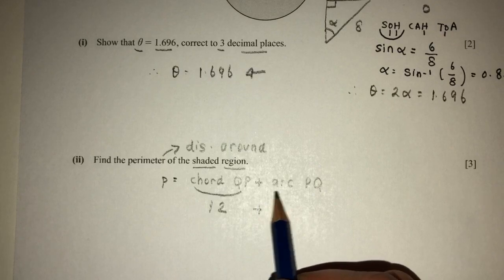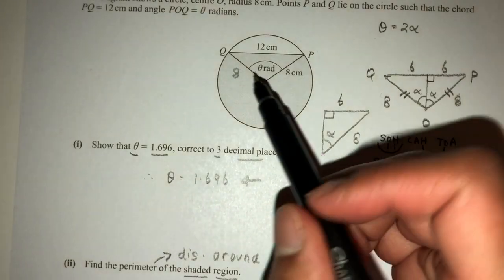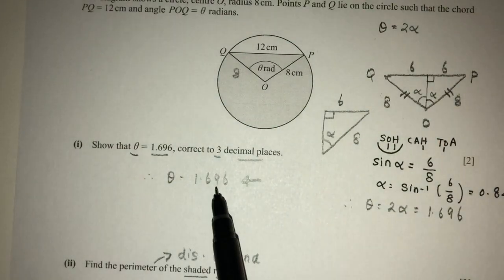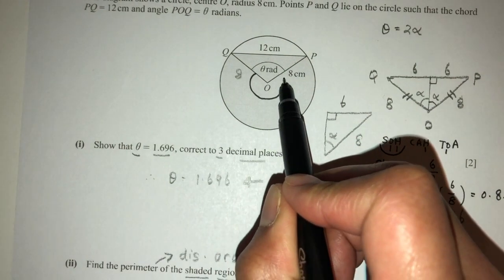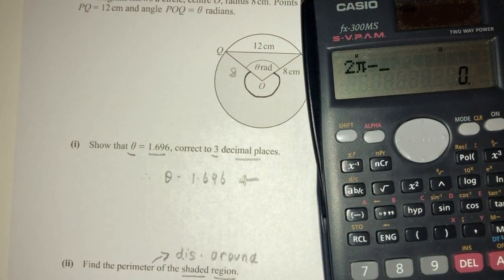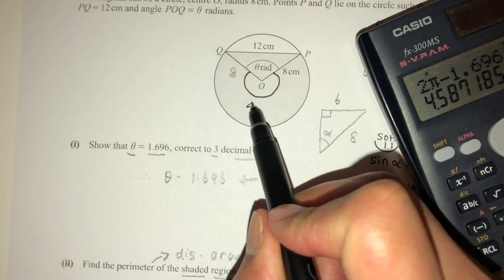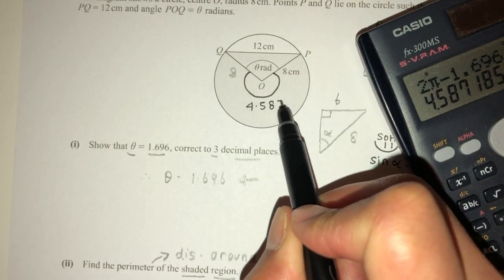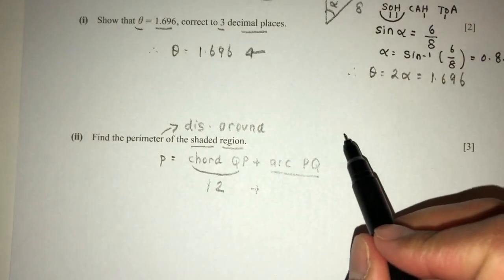But as for the arc, we have to find the value. Now if you observe, if you know theta is 1.696, what is the value of this angle? So you would say 360 degrees, which is 2 pi, minus 1.696. That will be 4.587. So now, how do you find the length of the arc? So you have to use your formula. So let's write this down.